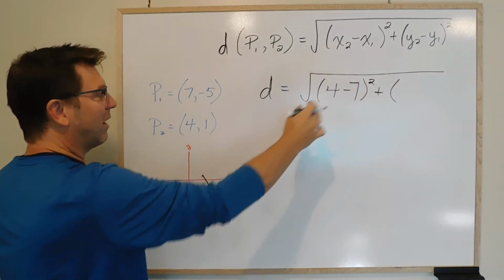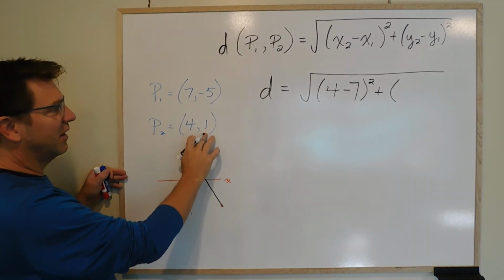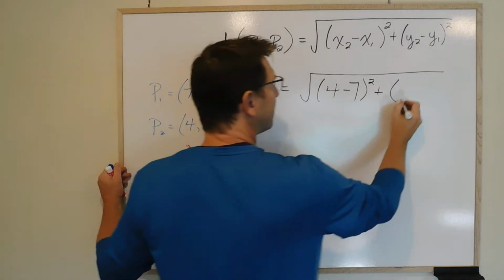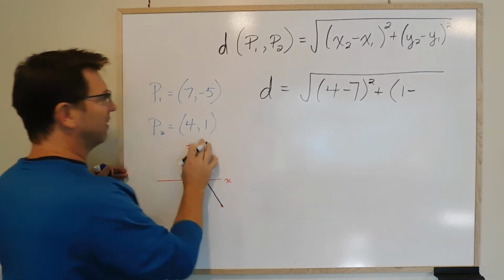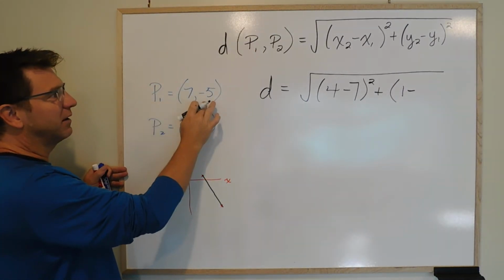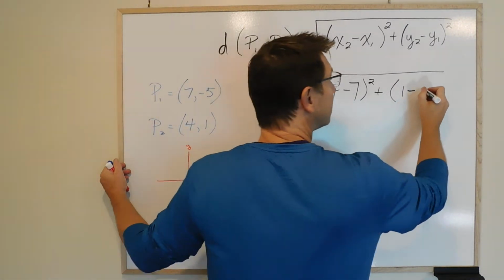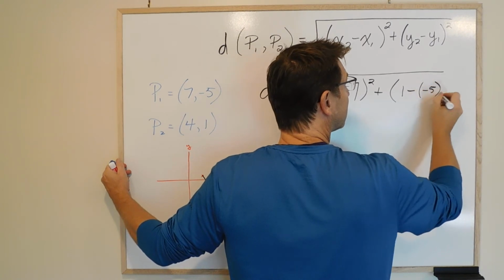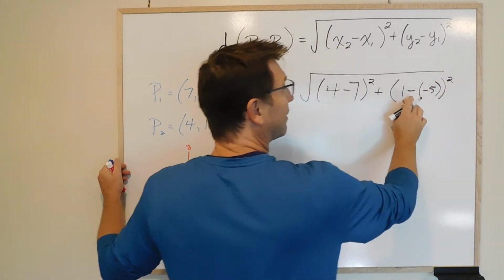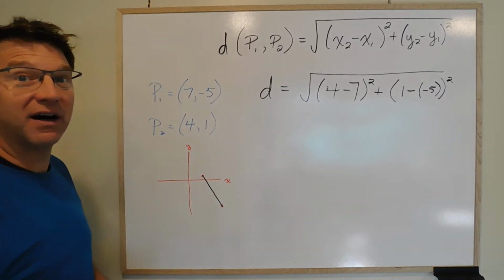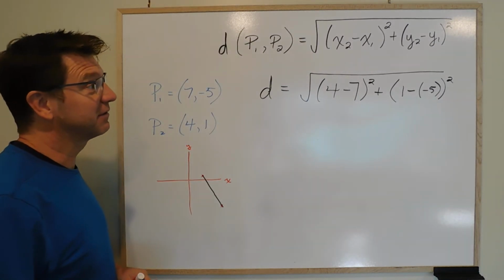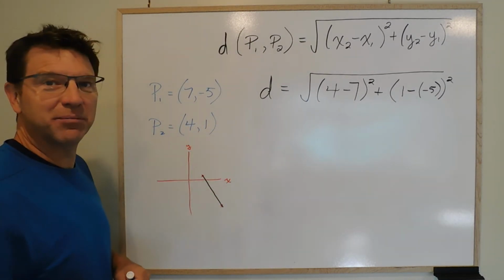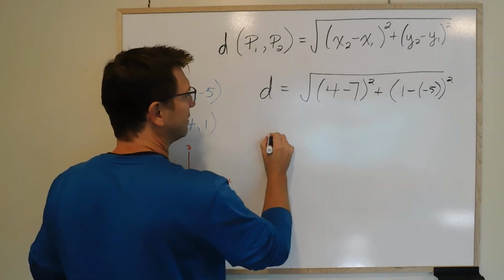Same thing, look at the y value of point 2. I notice it's 1. Minus, I look at the y value of point 1. Ooh, negative 5. Careful. Because I'm subtracting a negative 5, right? So there's a double negative there. Right? And then it's just simplifying the numbers.